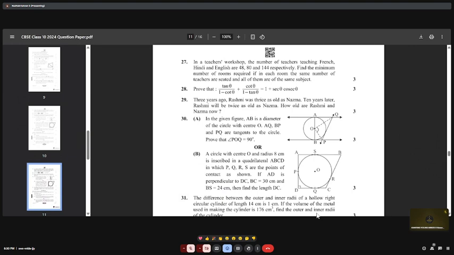No. See, the current age is X, right? So 3 years ago, what would be the age? It is X minus 3 only, no? Likewise, 10 years later means you have to say X plus 10 only. Why 7? Sir, I take now as X minus 3. Okay. So that means 3 years ago, you should take X minus 6, no?